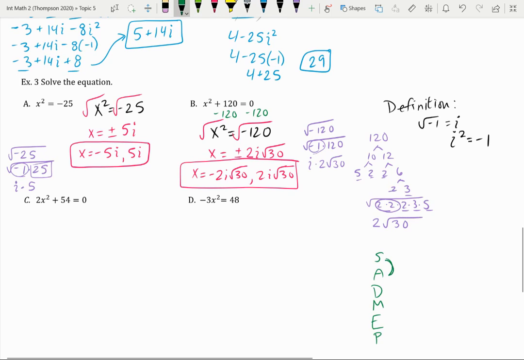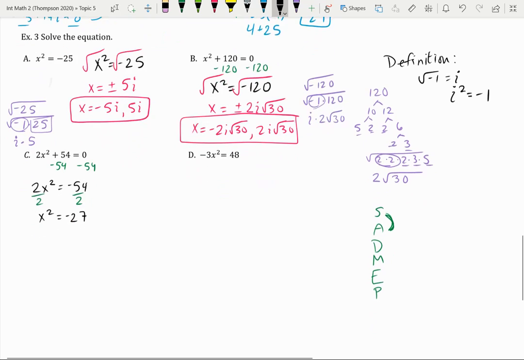And I have to add or subtract first if I can. So I can subtract 54 to move that over to the other side. And then I will have to divide by 2. I'm going to get x squared is equal to negative 27.